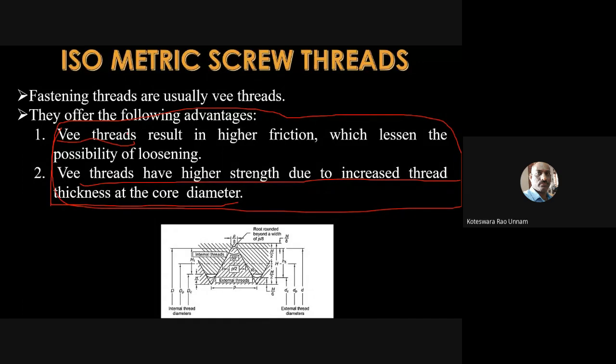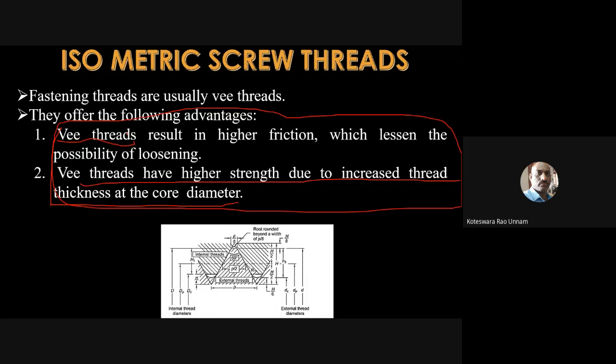Sometimes if you have forgotten some formula, you can easily pick it up from the data book. If you know this data is available in the data book, there is no need to remember the formulas. Simply open the data book, pick the formula, apply it to the given problem, and you can easily solve it. That is one advantage here.